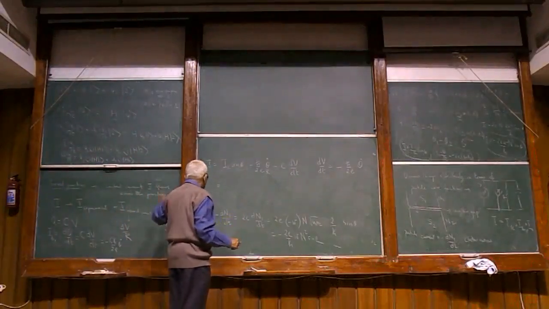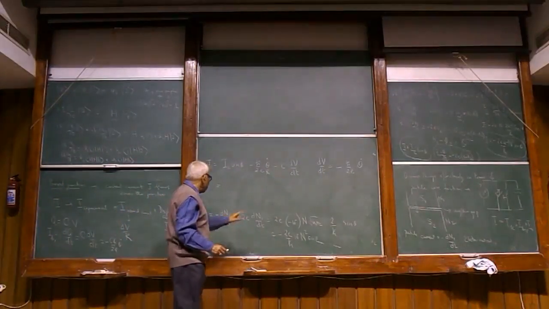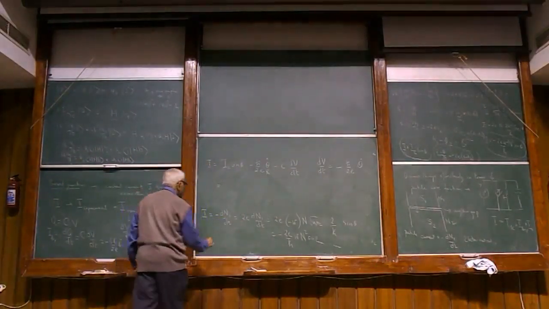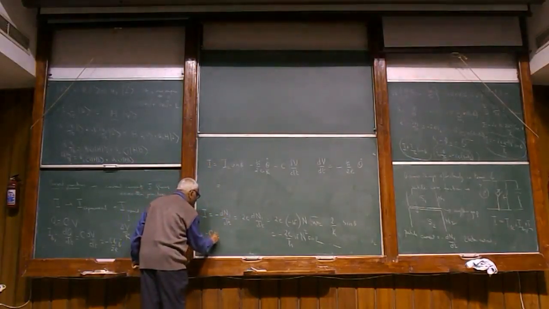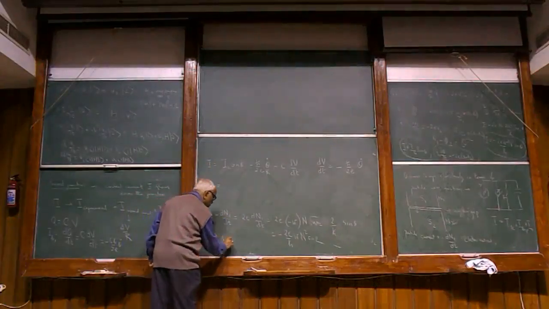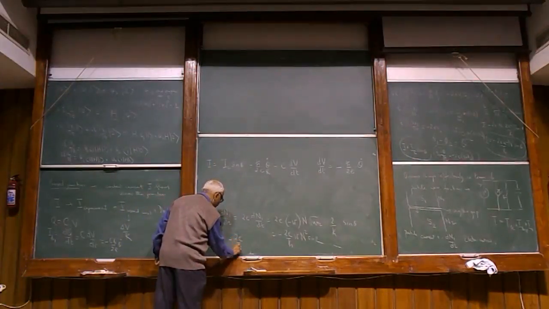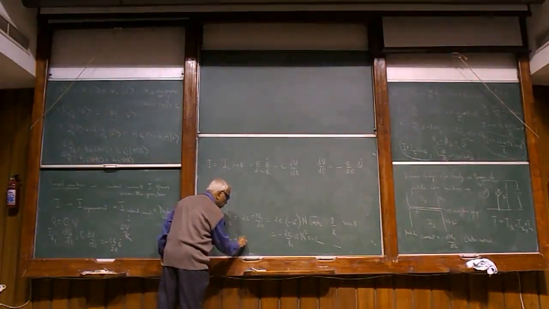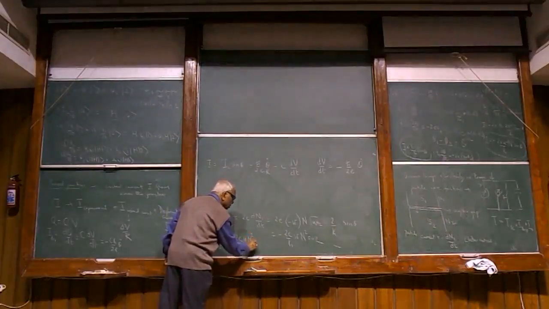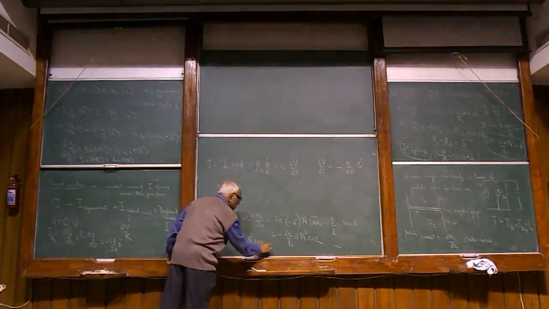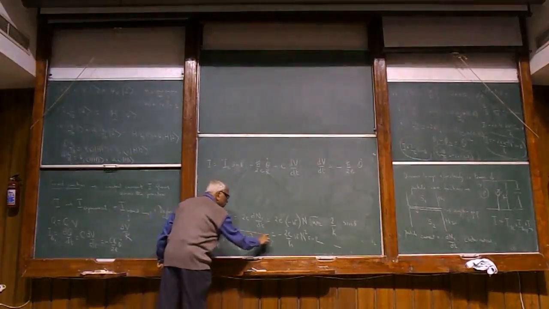So displacement current plus the supercurrent has to give me 0. So it is minus C h bar over 2e theta double dot minus 2e over h bar. Alright, got the factor. N squared sine theta.